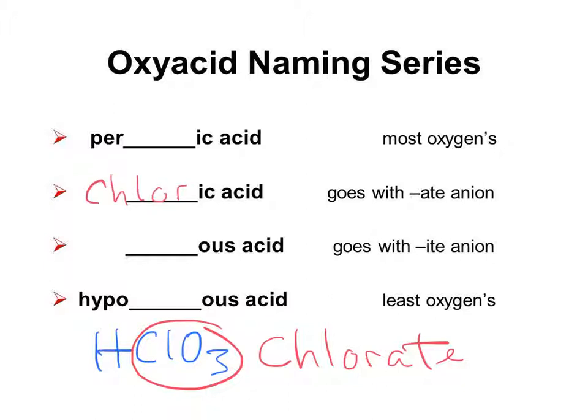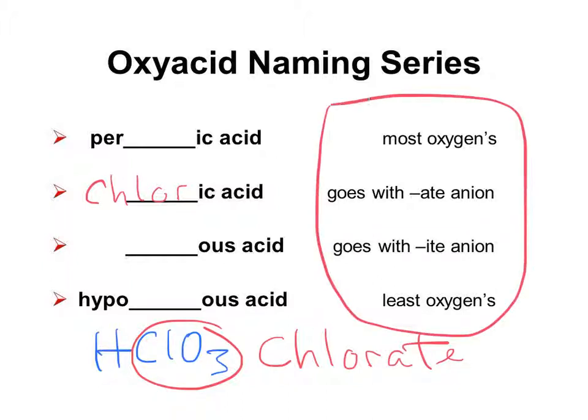Okay. Now, if you look over here in this column, like I said before, it's relative. So if I memorize chlorate, and I know that chlorate has 3 oxygens, then if we add an oxygen, HClO4, okay, so that has 1 more oxygen compared to the chlorate. It's called perchloric.